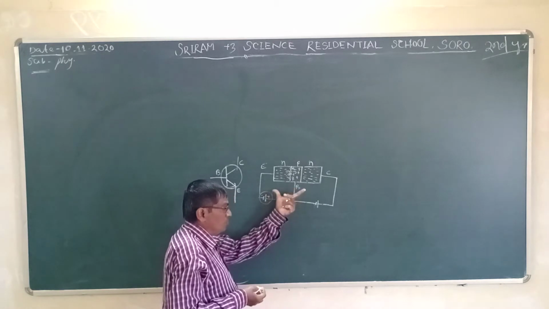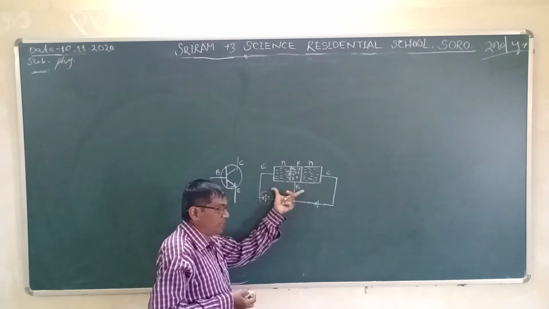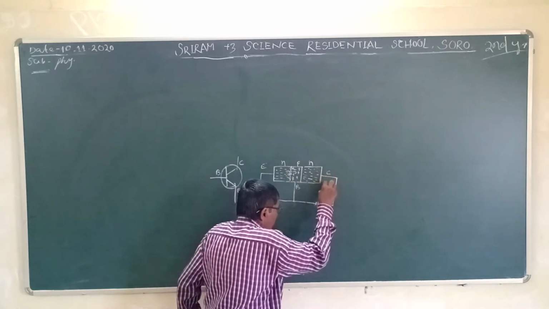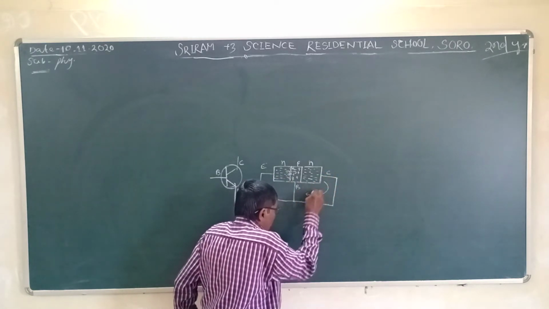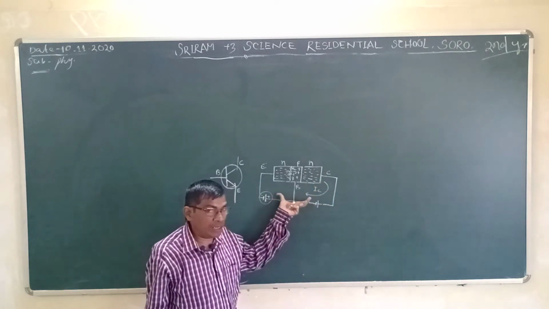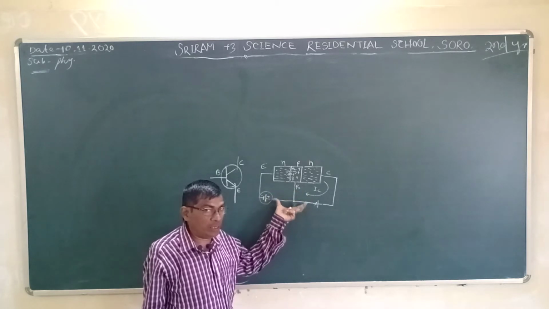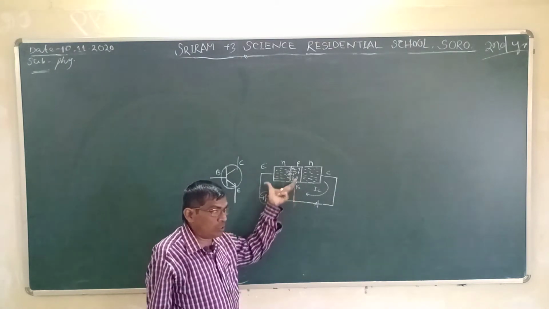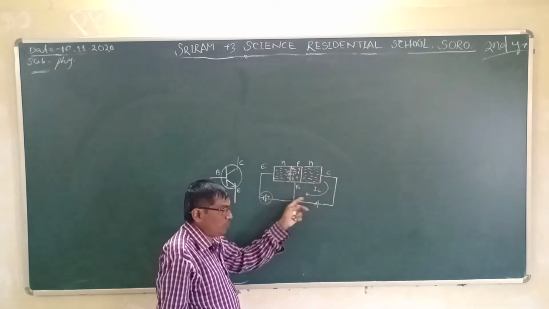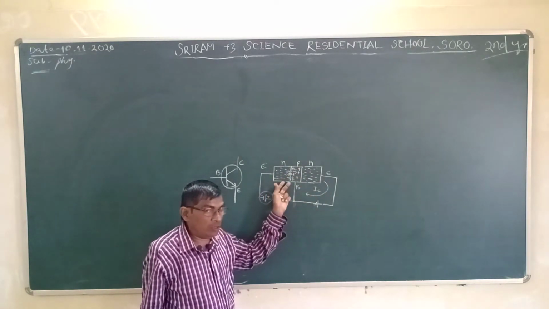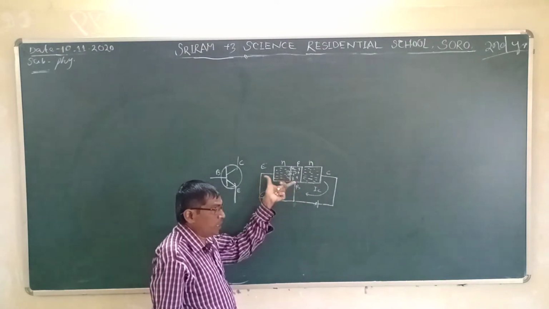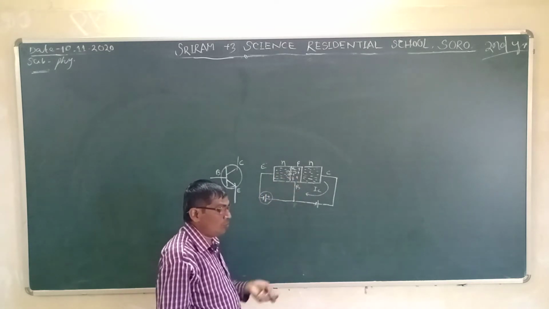So the meaning of transistor biasing is that the collector current, IC, flows without applying any AC source or signal. The collector current flowing with zero signal is known as biasing.